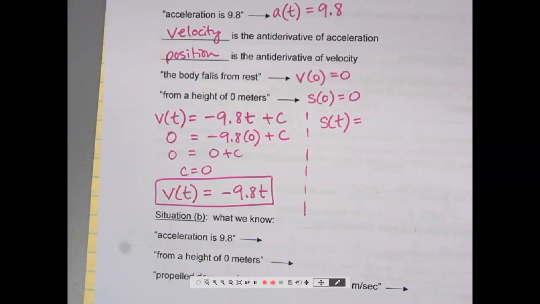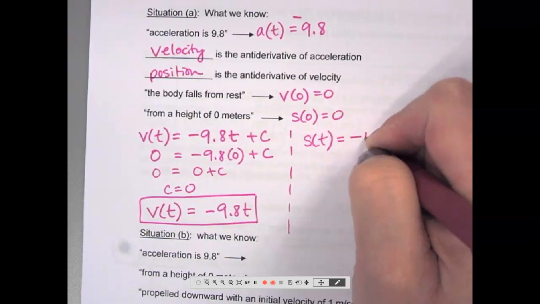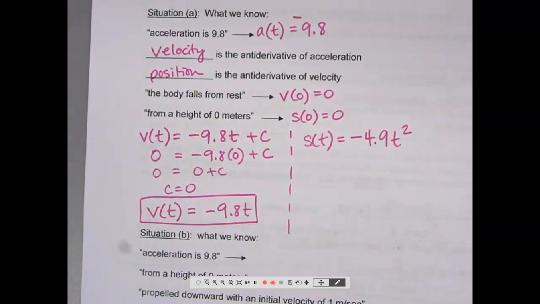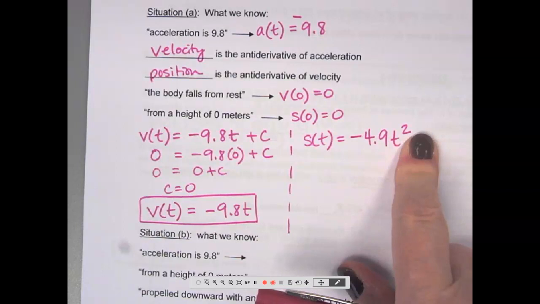Gracie, what? 4.9 t. Oh. Can I throw a negative in there? Where did she get 4.9? Yeah, remember whatever was here got multiplied by 2.